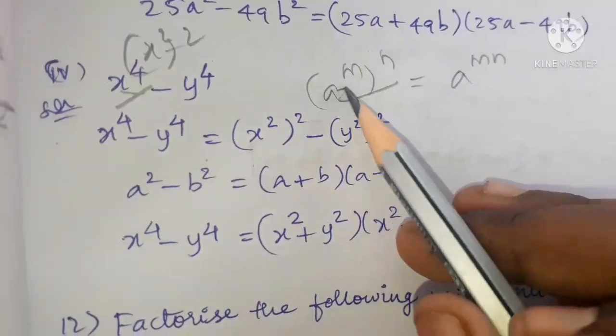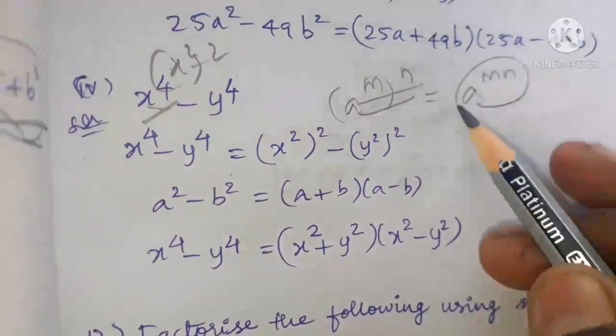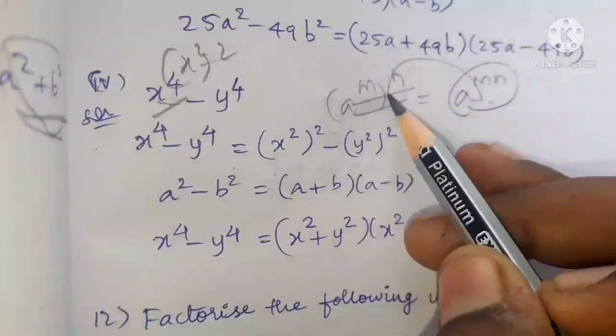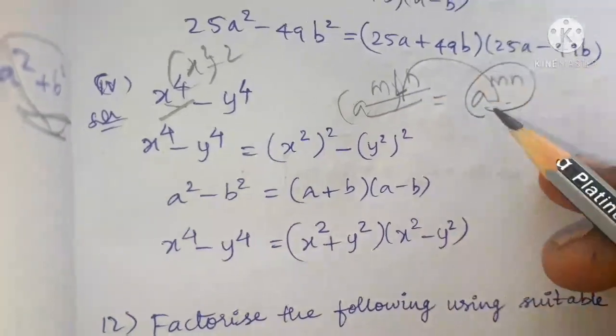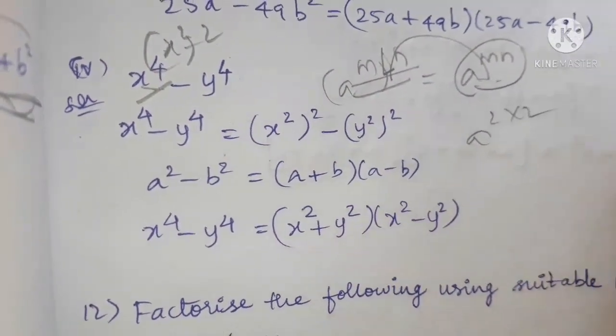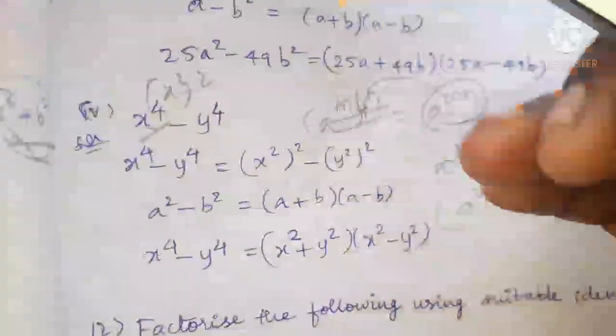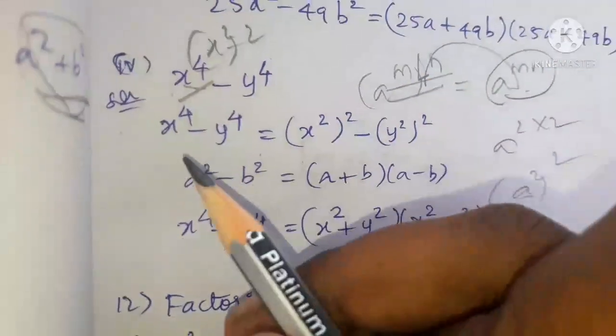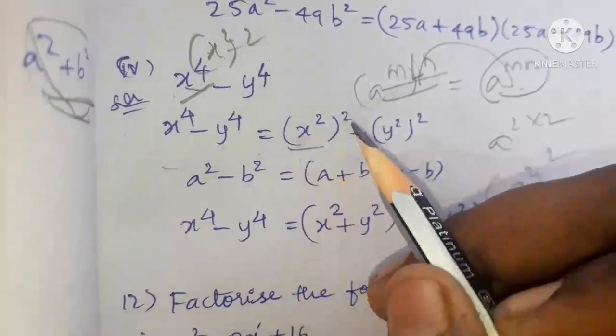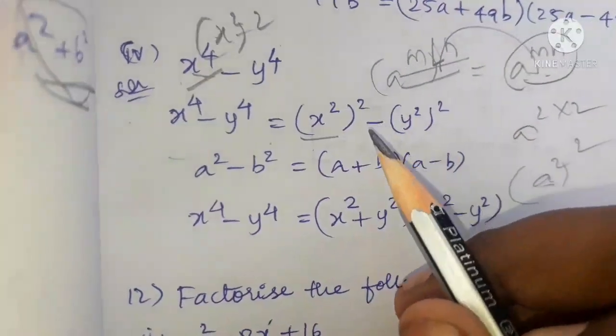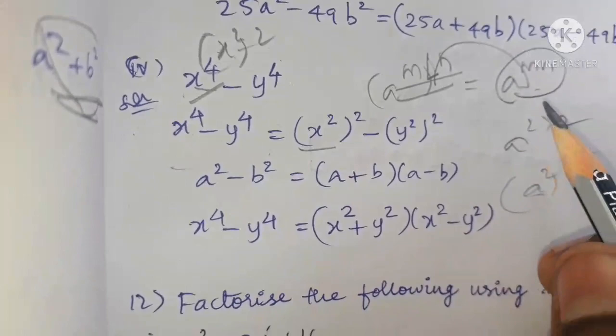So it is in the form of this, and you will convert it into the form of this. That is, a power 2 into 2 can be written as (a power 2) whole power 2. It is (x power 2) whole power 2. Like that you should write. So (x square) whole square minus (y square) whole square.